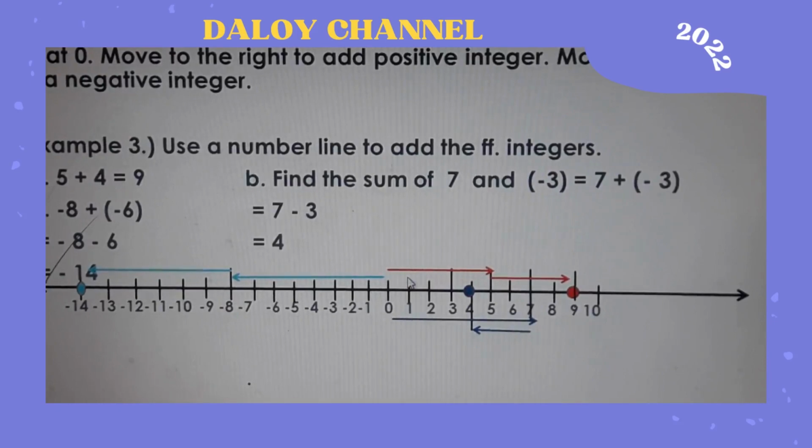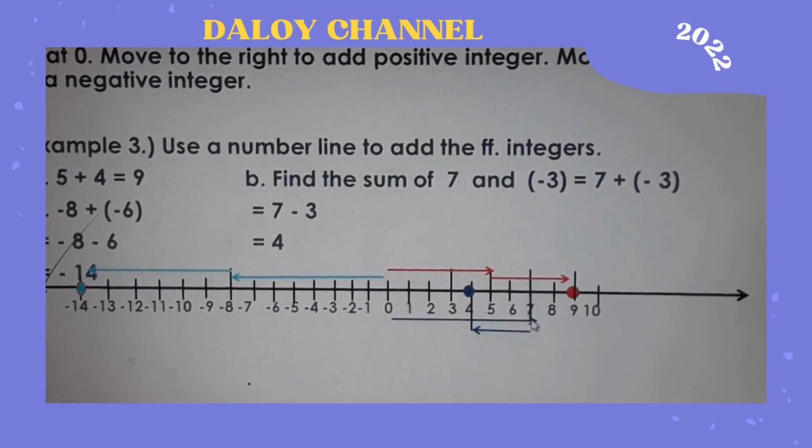Next, letter B. Find the sum of 7 and negative 3. So, 7 plus negative 3 is equal to 7 minus 3. Unlike signs, 7 subtracted by 3, the answer is positive 4. I'm using here a violet or blue arrow. Since 7 is positive, I calibrate it to the right, finding the 7 units from 0.